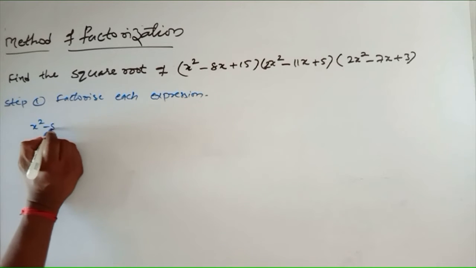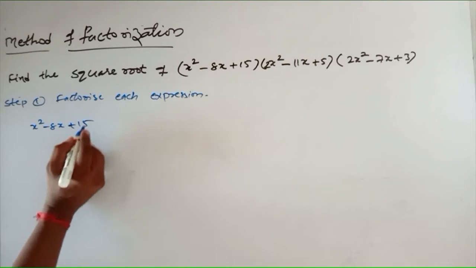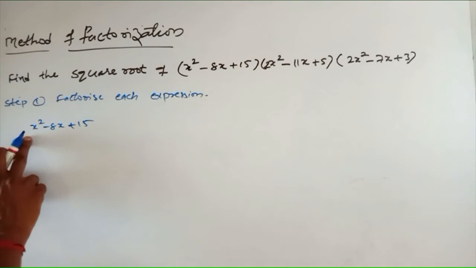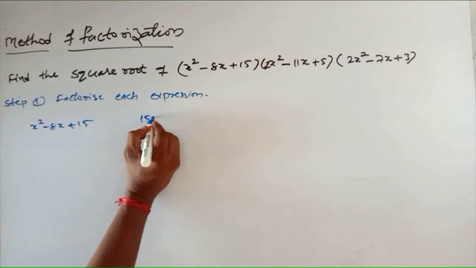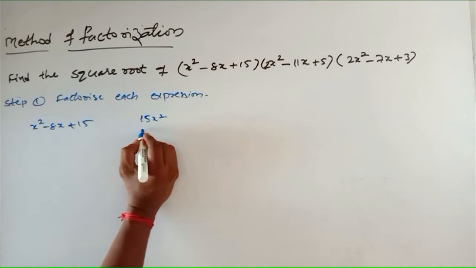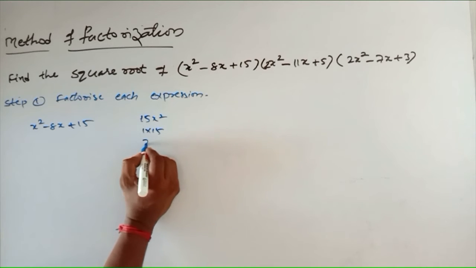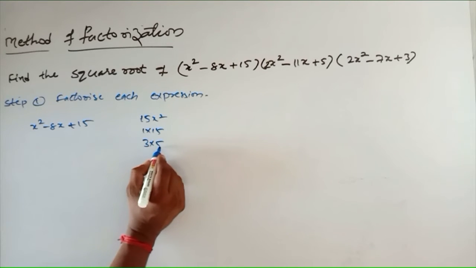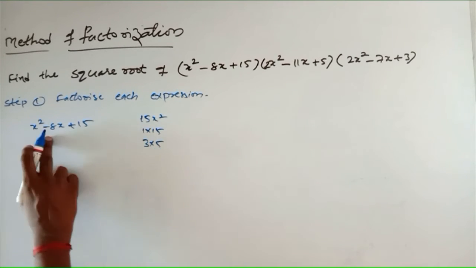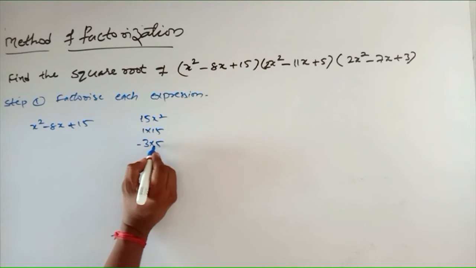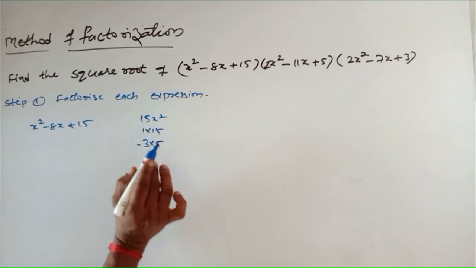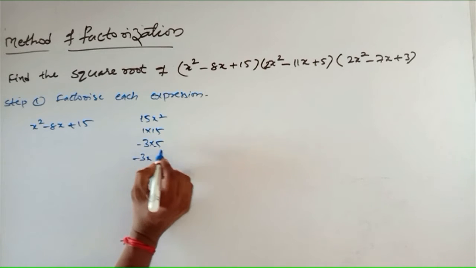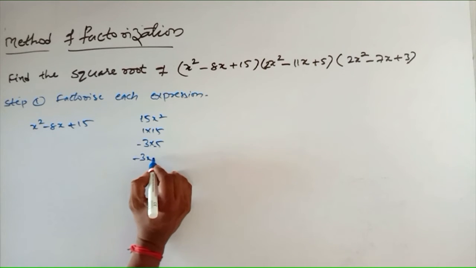x square minus 8x plus 15. So I am going to multiply the first and the last term. I am going to get 15x square. Factors of 15 are 1 into 15 and 3 into 5. When I am adding these two, I need to get the middle term, that is 3 plus 5 is 8. But minus 8 is there, so minus, minus. Minus into minus is plus, and automatically 3 into 5 is 15.